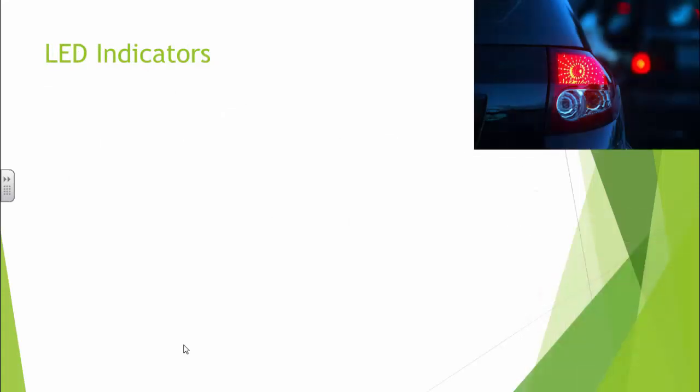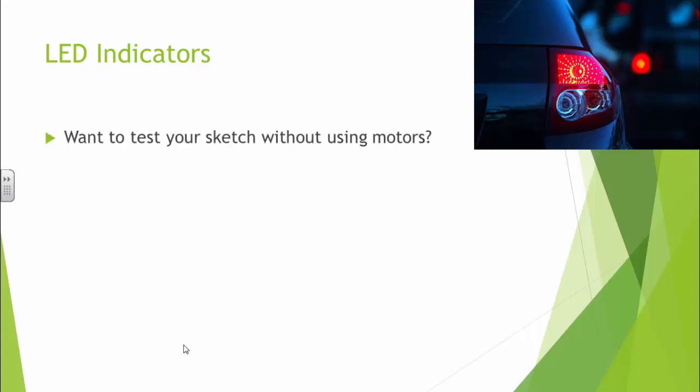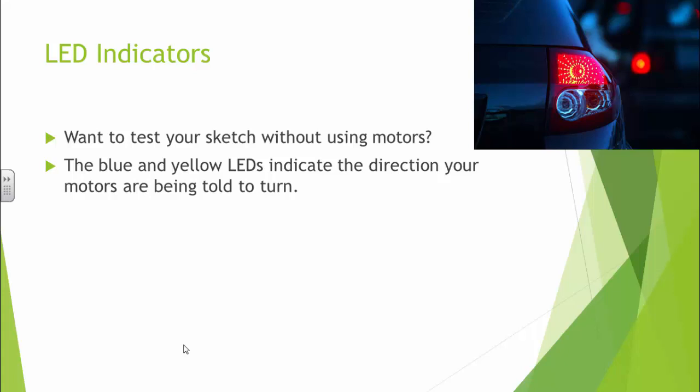Incidentally, if you want to work with the motor shield without running a pair of motors, if your motors are on back order, or if you just simply haven't got them wired up yet but you want to test your code, there are LED indicators on the shield that indicate the directions that the motors are being told to turn, so you can verify that your code is working without wiring up your motors. And this can be very handy early in your development.